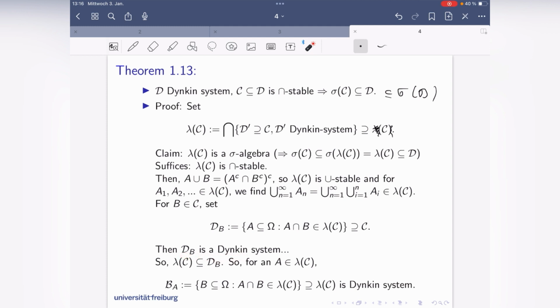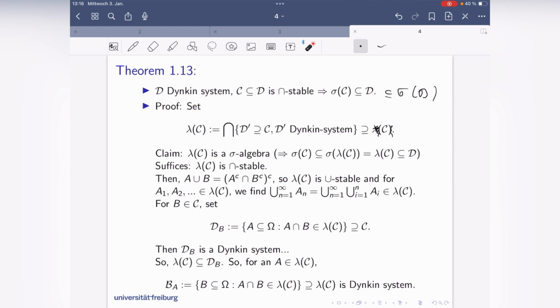Let's just assume we have shown that DB is a Dynkin system. What would follow then? DB is a Dynkin system which is bigger than C, therefore it's also bigger than lambda of C. So lambda of C is a subset of DB.